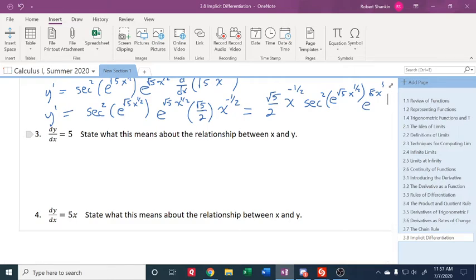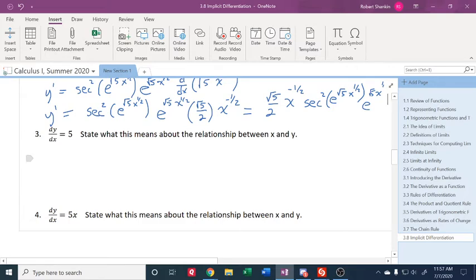But what we do know is this is an instantaneous slope, dy dx. And what does slope mean? Slope means the change in the output every time the input increases by 1.